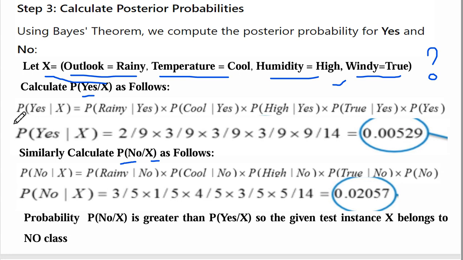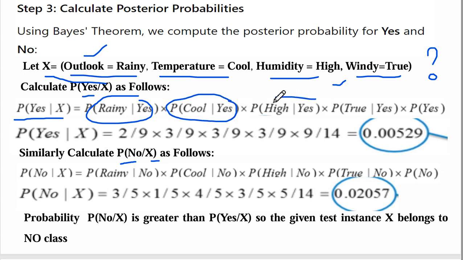Now how to calculate the posterior probability for yes given X? It is P of outlook equal to rainy given yes, times temperature equal to cool given yes, times humidity equal to high given yes, times probability of wind equal to true given yes, times probability of yes class, that is the prior probability.